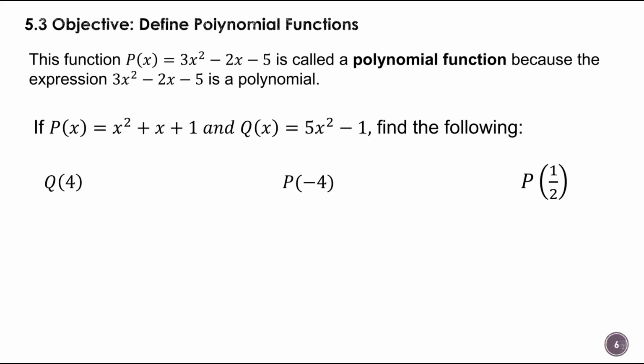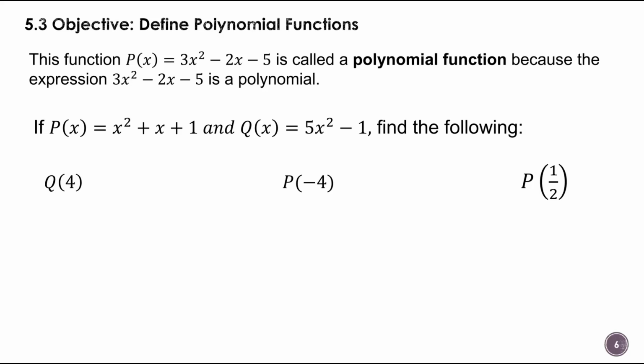All of these can be called expressions when we're talking about a polynomial, or in this case a function, because it says p of x equals, so we call those functions. Now on these we're finding just the function values. This is evaluating, right?